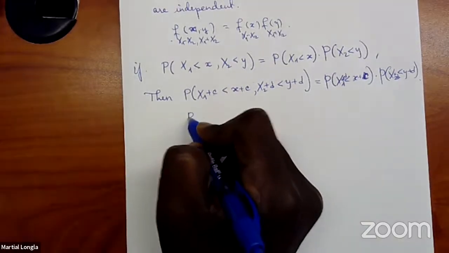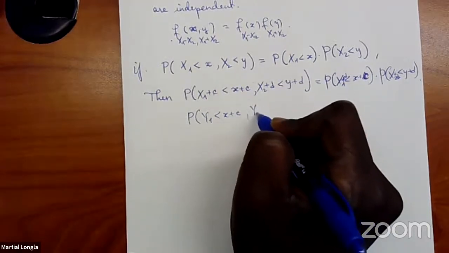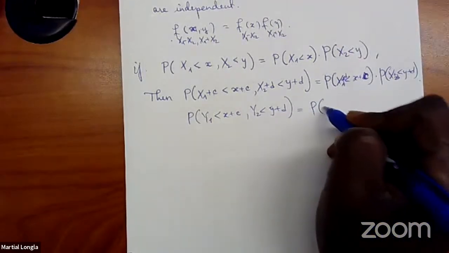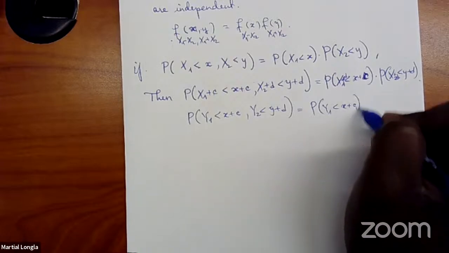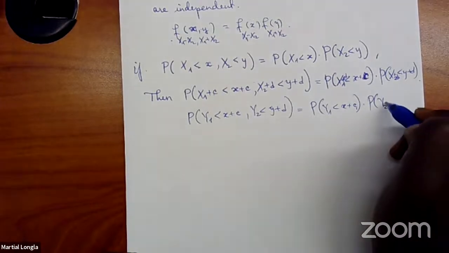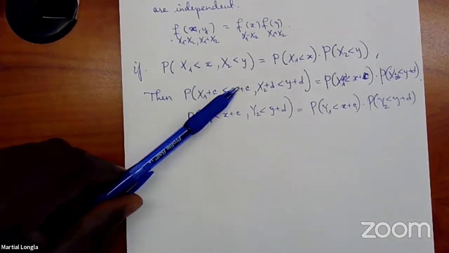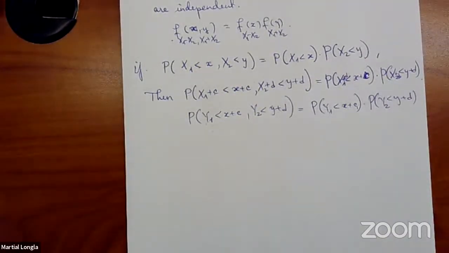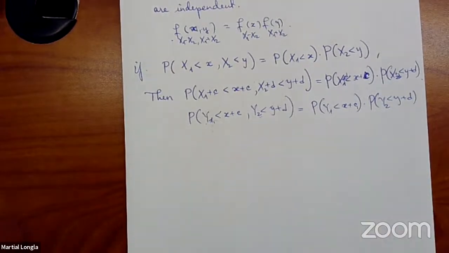And this thing is exactly the same as that, and when you rewrite it this way, it means something completely different: that these random variables are independent.